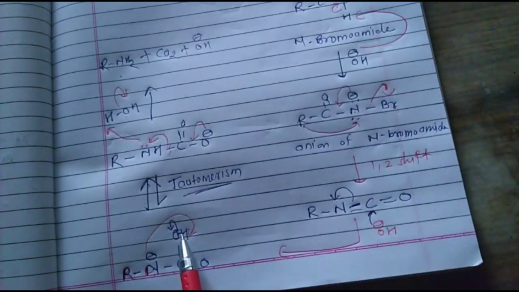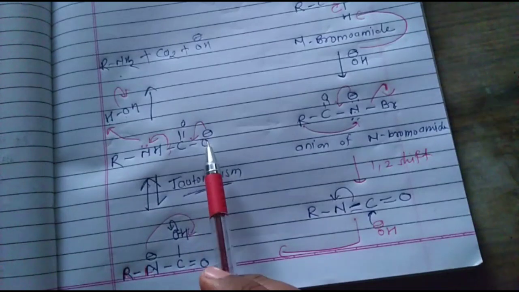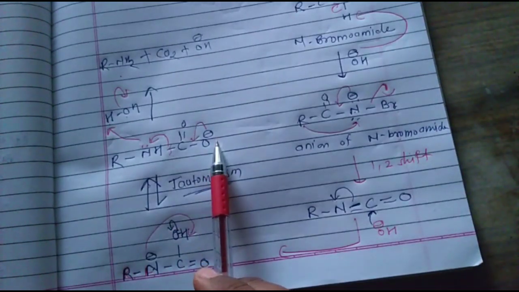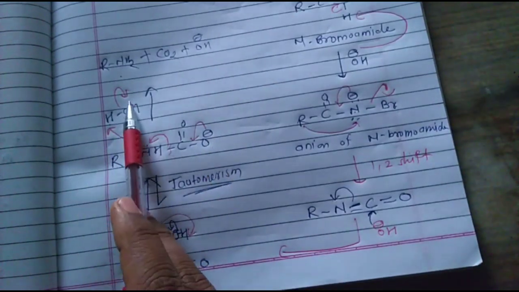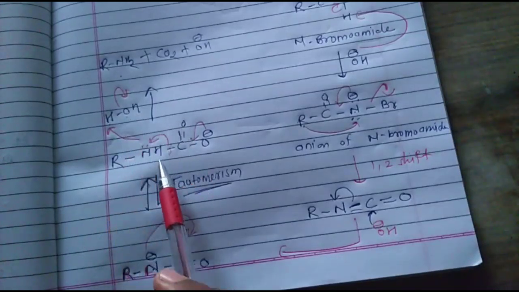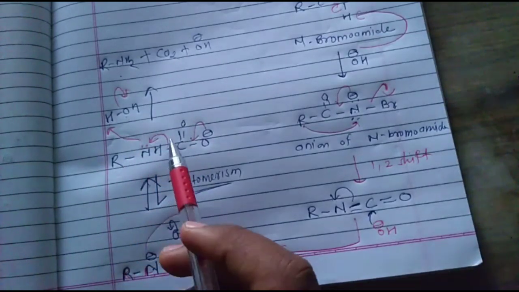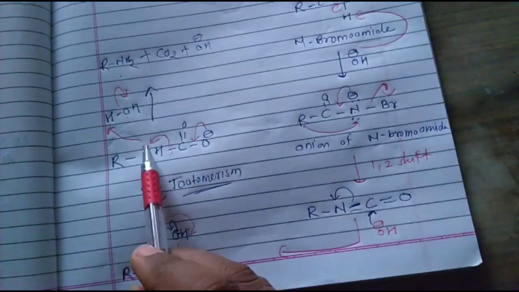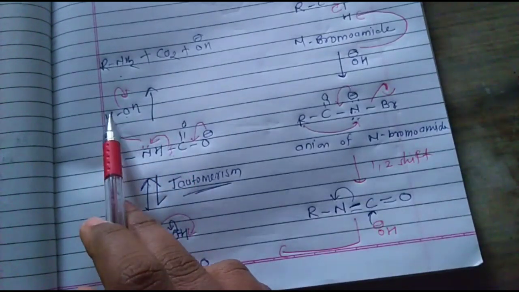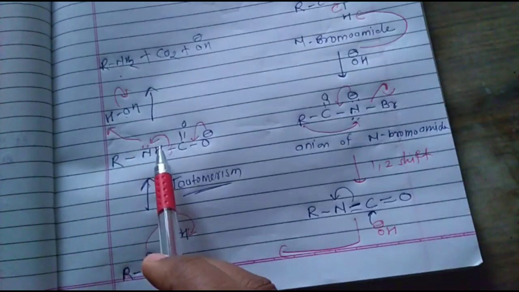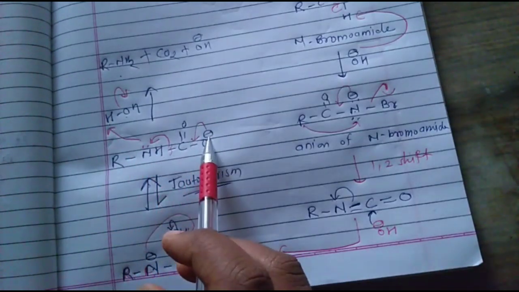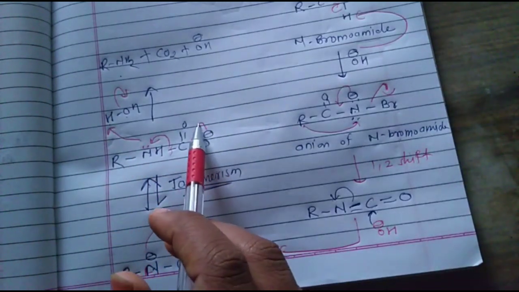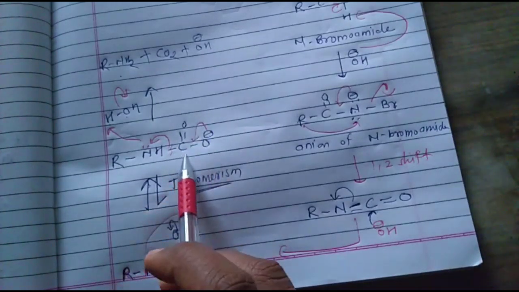What happened here? This hydrogen is abstracted by this nitrogen, and this electron is accepted by this oxygen, and oxygen becomes negatively charged. Then by the attack of the water molecule, the lone pair of the nitrogen accepts the hydrogen, and this negatively charged oxygen donates its electron to this carbon, and there is a formation of CO2.